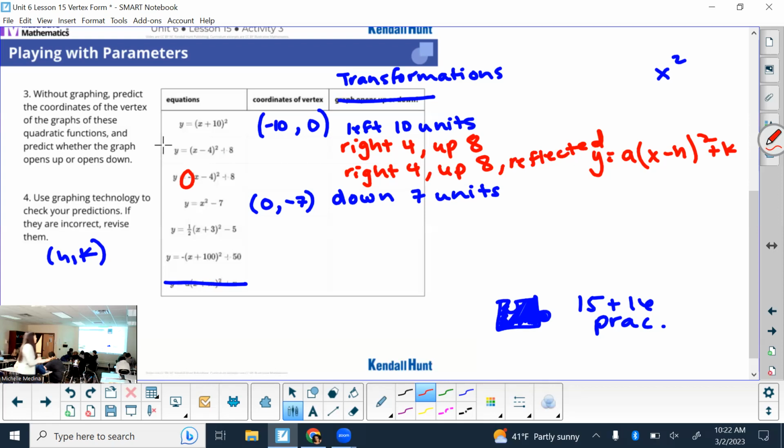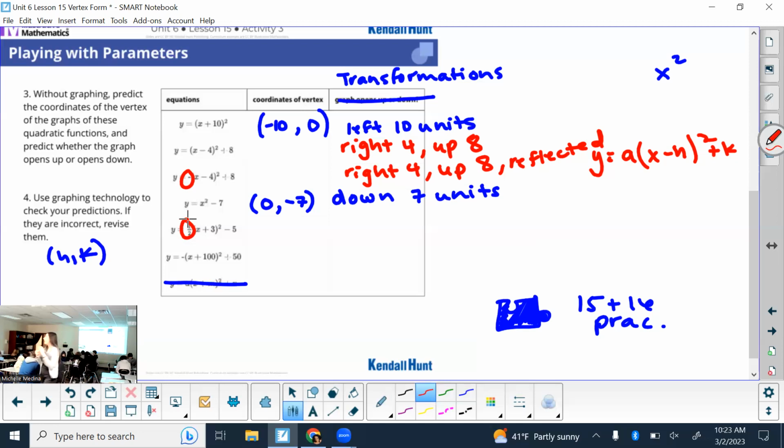All right, this row down here, what's going on in that one? What does the 1/2 do to the graph? So when A is, don't worry about, it's not negative, so it's still going upward. But when A is something other than 1, that means the graph is either stretching or compressing.